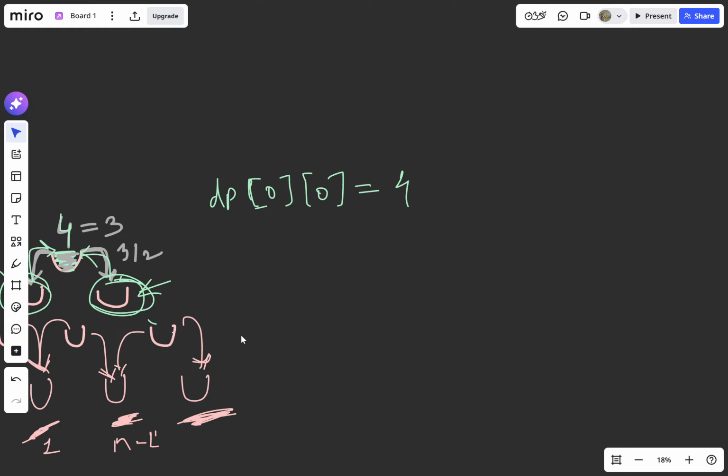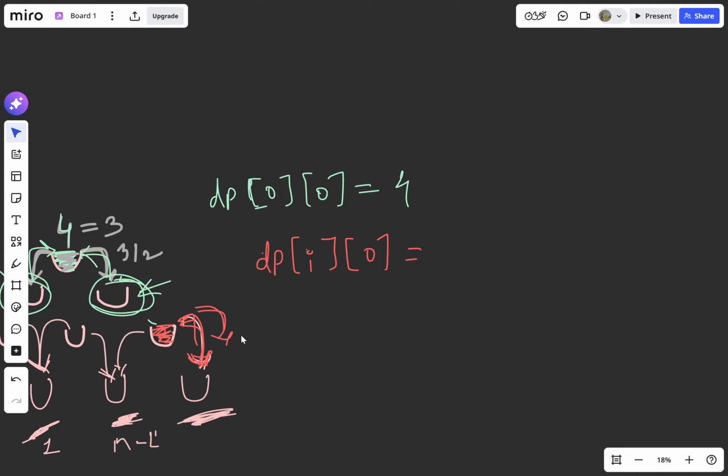So the condition will be for the ith index and for the zeroth index. For all of them, firstly we will check the source. If we are importing the drink from the source, we first have to check whether that source is full or not. If it is not full, it will not overflow.